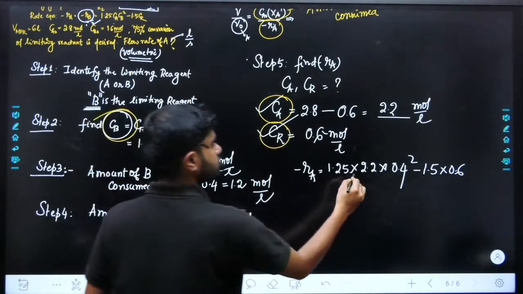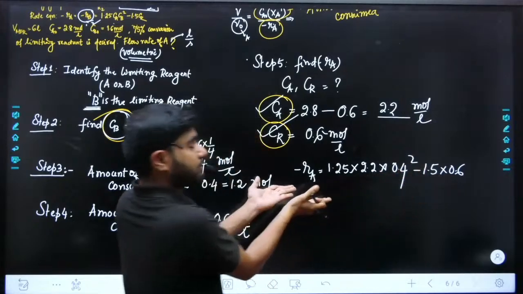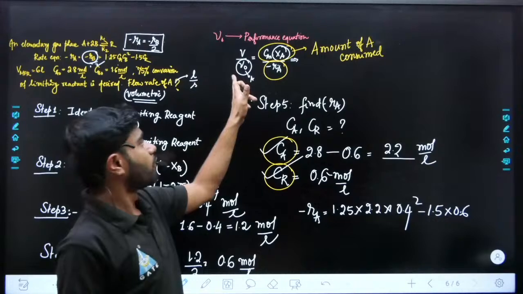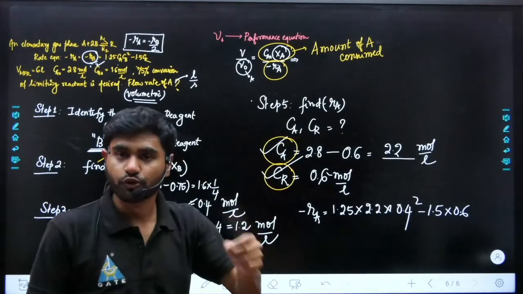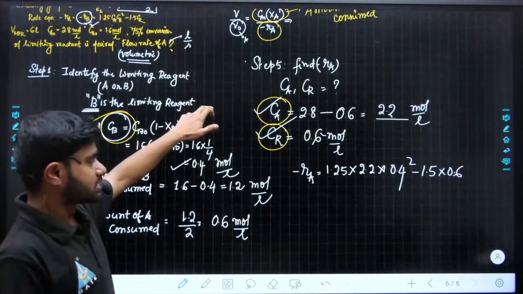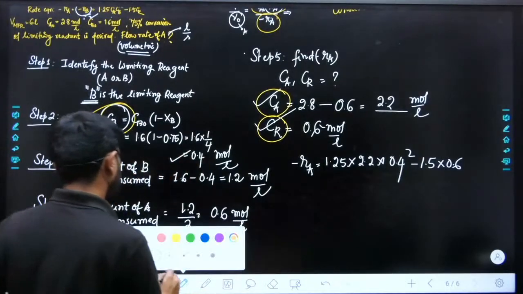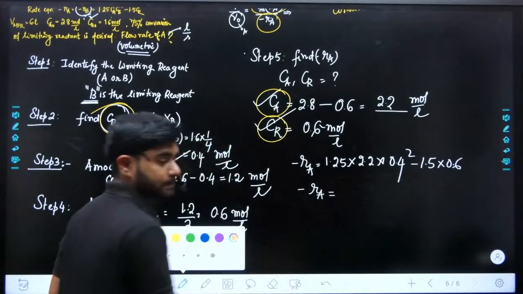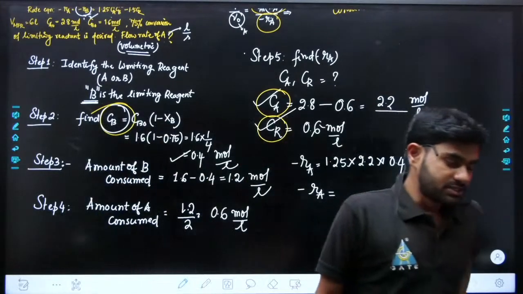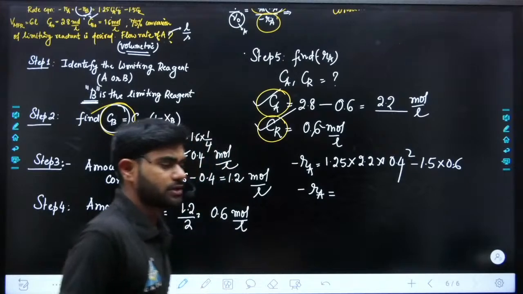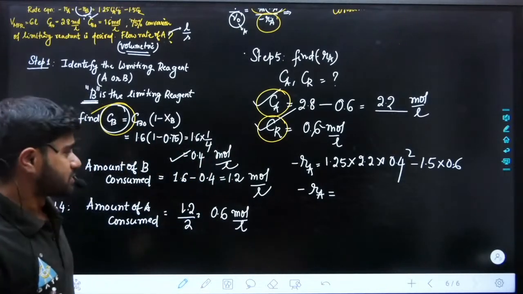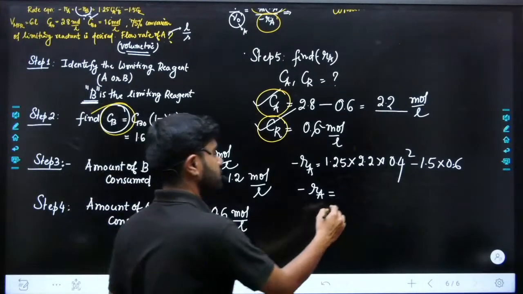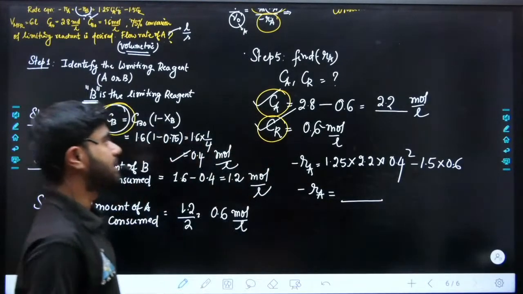Now we are going to use Ca, Cb and Cr to find minus of Ra, and this minus of Ra is going to help you find the value of V0, which is the volumetric flow rate of A. So let me know the value of minus of Ra, which is the rate of reaction. You take your time and help me out with the exact answer for minus of Ra.